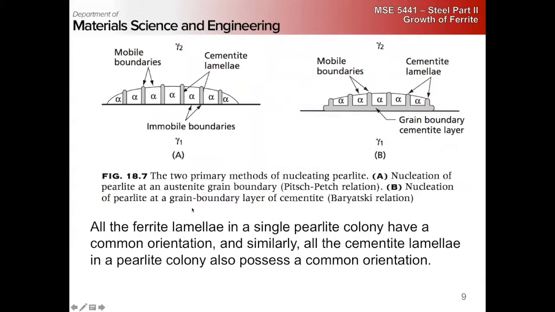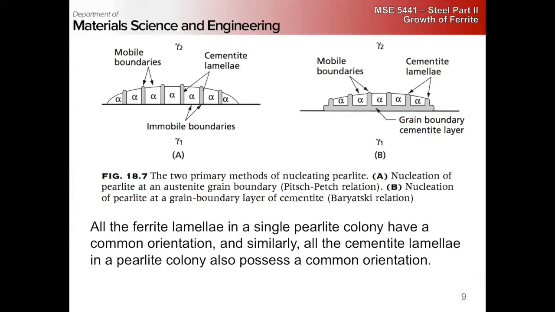So all of the ferrite lamella, no matter which case we have, all of these ferrite lamella have approximately the same crystallographic orientation, right? So it's really like one big ferrite grain with layers of cementite that also have the same orientation, right?